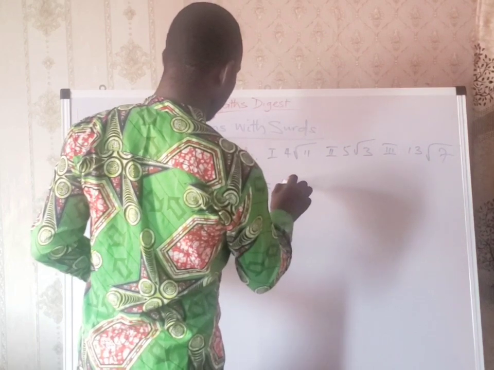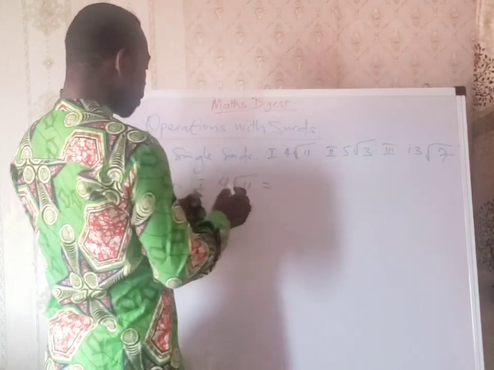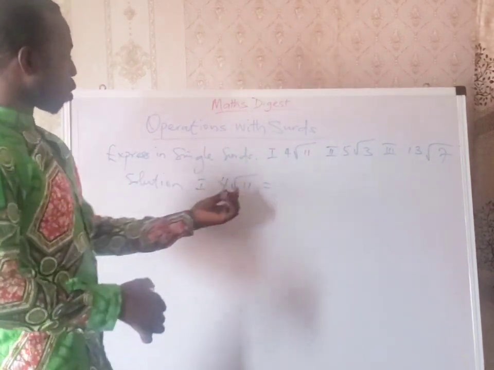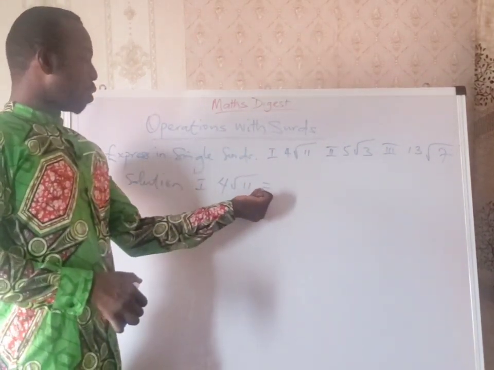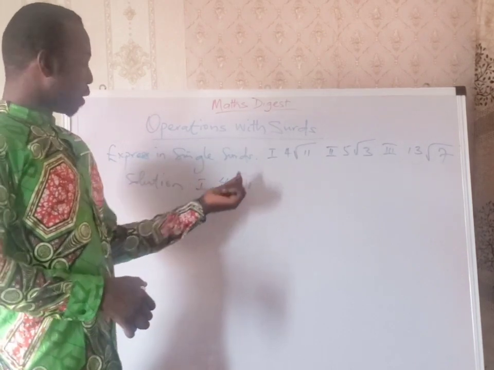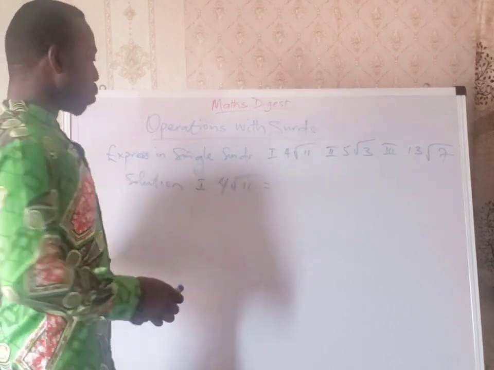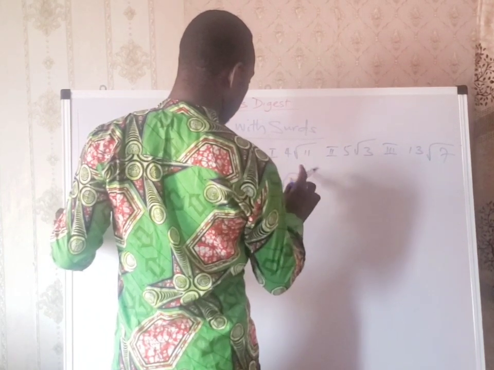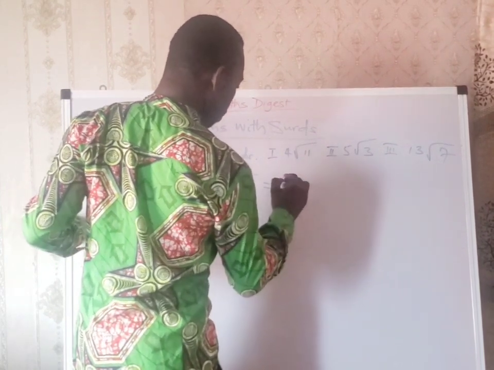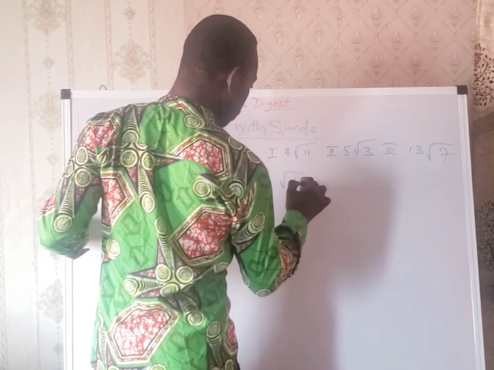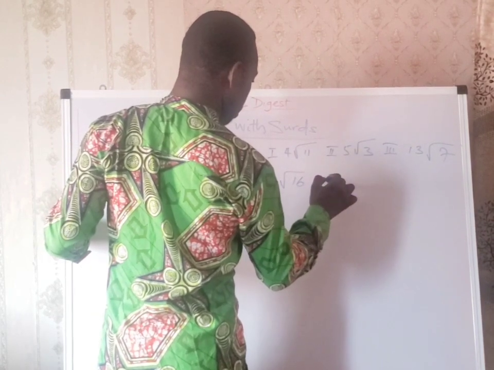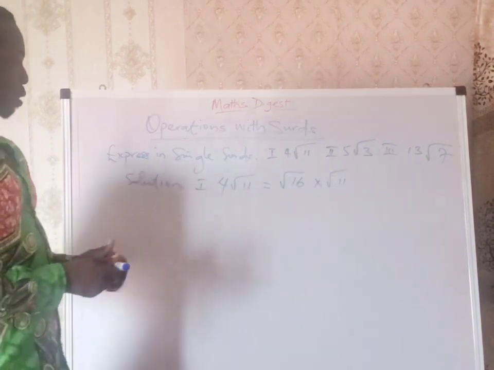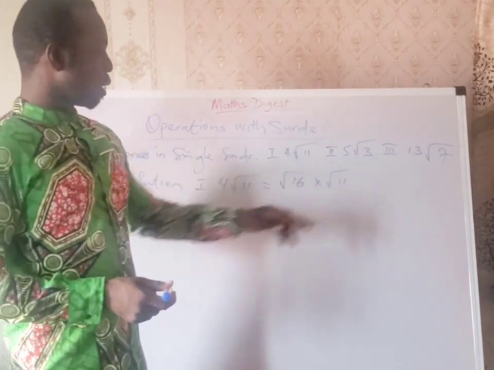Now you say that 4 raised to power 2 is the value of the number that gave birth to this 4. So 4 raised to power 2 is what? 16. So we have root 16 times root 11.